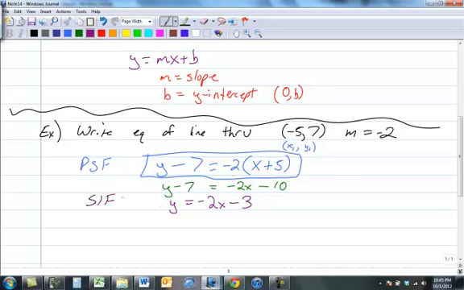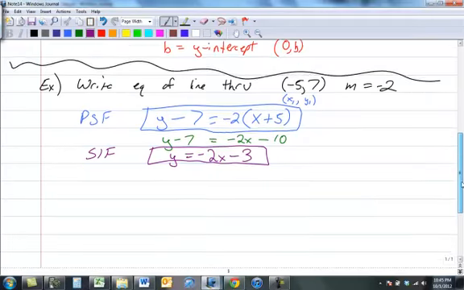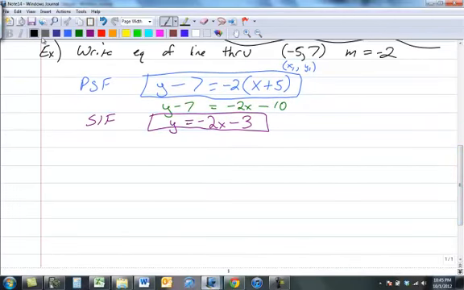That's our slope-intercept form. Y equals mx plus b. So our slope is negative 2, just like we said. And our y-intercept is 0, negative 3. All right, so here's what's up. If I give you a point and a slope, you should be able to give me both forms, whichever form I ask for.